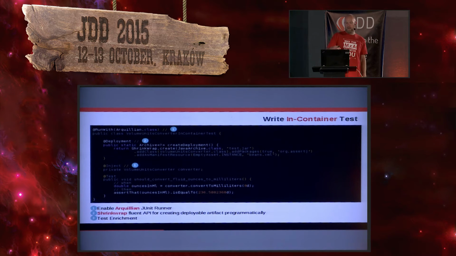And then when you come down to step 3 here and the inject, currently this is some form of a CDI bean, so we can inject it using the CDI annotation. And at this point, we're actually inside the target environment. And the thing we inject is the real thing that is being deployed. Again, this is not a mock of any form. Inject is not per se the only thing we support.